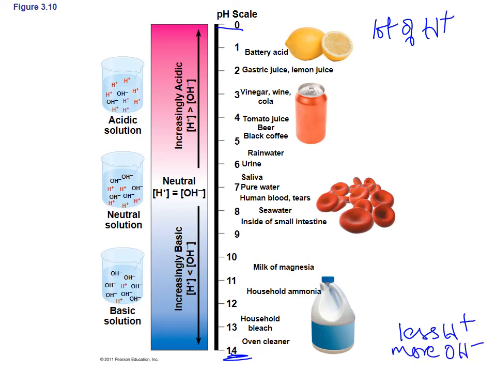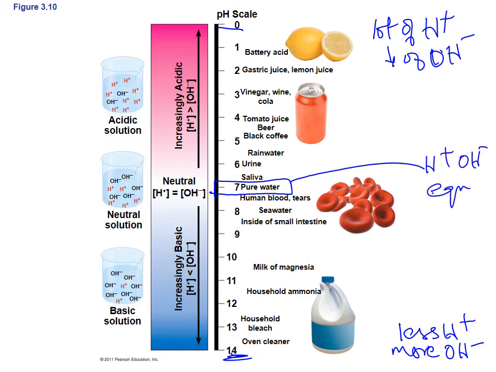Here it has a lot of H plus but less OH minus. And at pH 7, H plus and OH minus are equal in concentration. Then there are these different things that have different pH values.